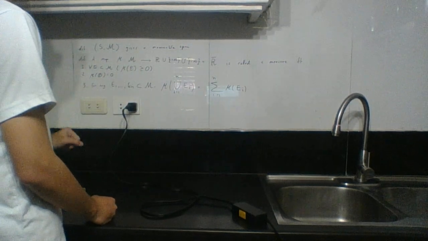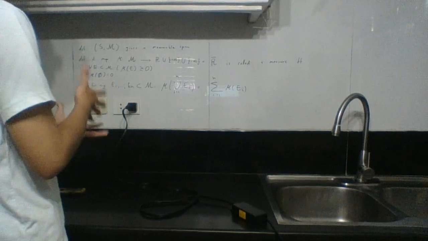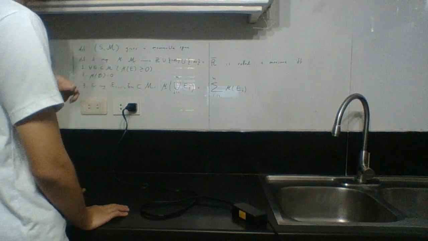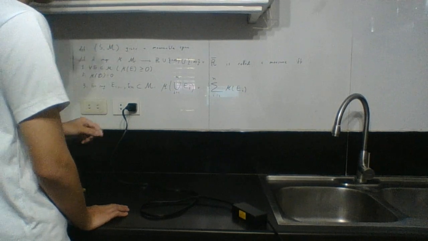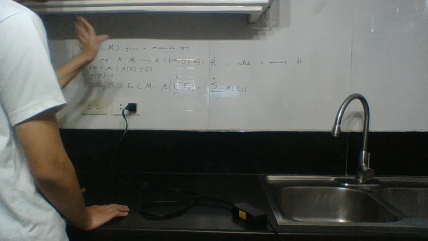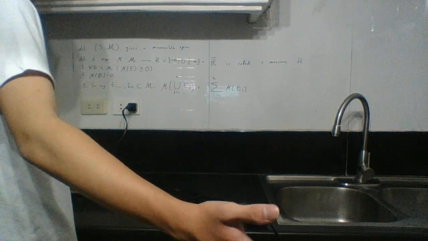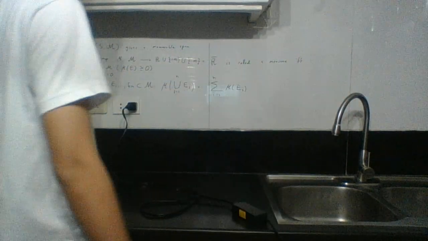So the first one is that for any subset from our sigma algebra that we put into the function, it gives us a positive value. The second one is that the measure of the empty set is always 0 because it's practically nothing. What should be its measure? Nothing. It should be 0.